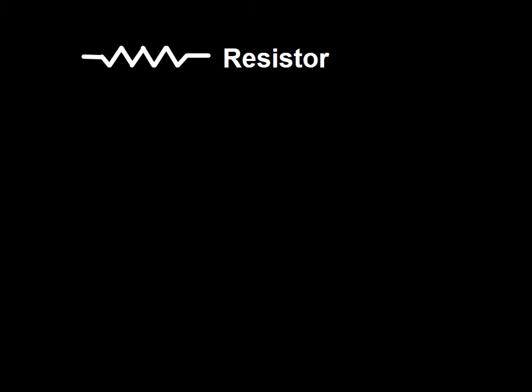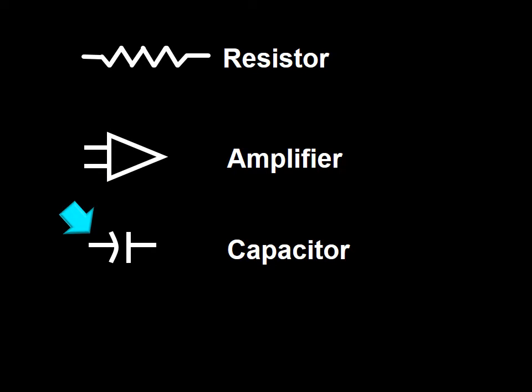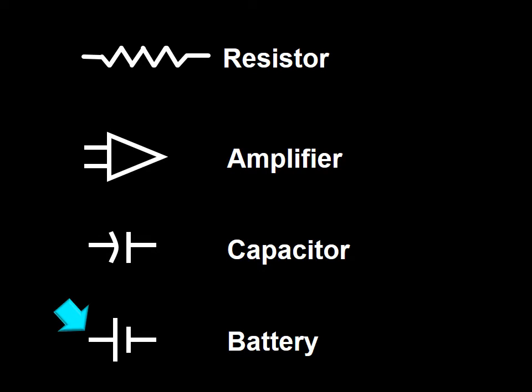In this frame, I will introduce all symbols matching with their names. First is the resistor, second, the amplifier, third, a capacitor. Notice that both vertical lines are the same length and that one of them is curved, and the battery.